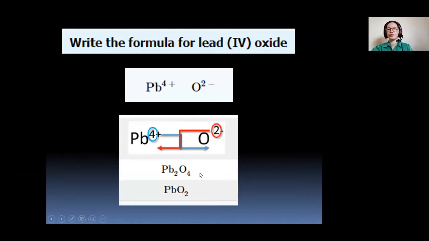But take note, looking at the subscripts 2 and 4, these numbers are still divisible by 2. So we can still simplify the subscripts to a 1:2 ratio. And therefore, the final chemical formula is PbO2. So please do not forget that. If you encounter such a case wherein you can still simplify the ratio of the elements in the compound, please do so.